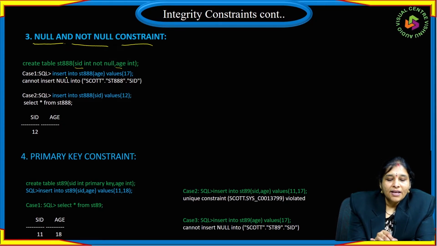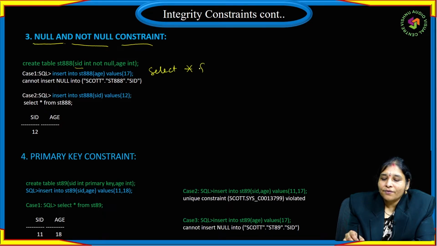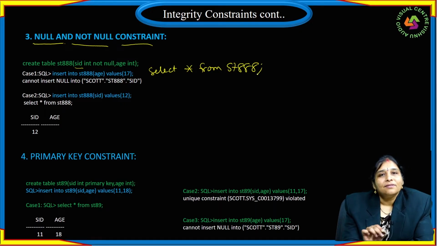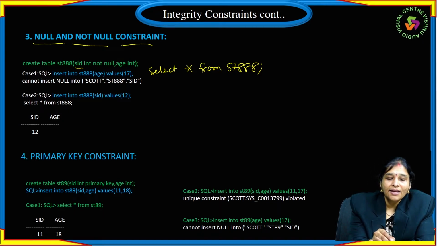Now my case 1 is: insert into student 888 only underneath age, values 17. That means I haven't entered anything underneath student ID. So when I executed the statement select star from student 888, I had inserted only age, which can be null or not null, but I haven't inserted anything in the first field, that is SID.